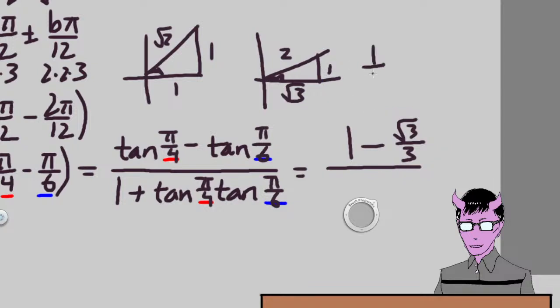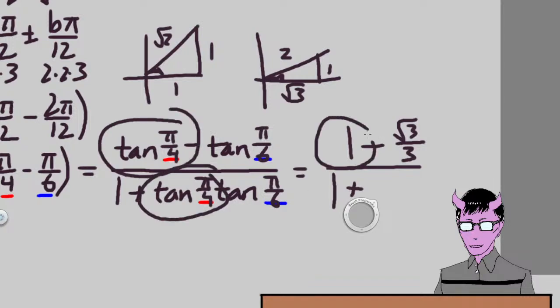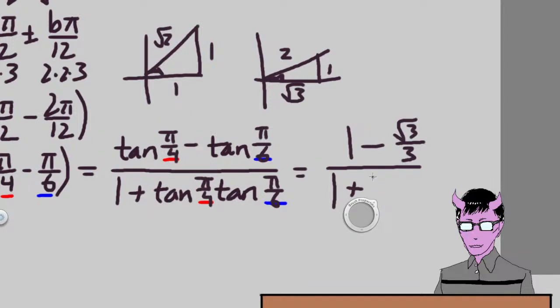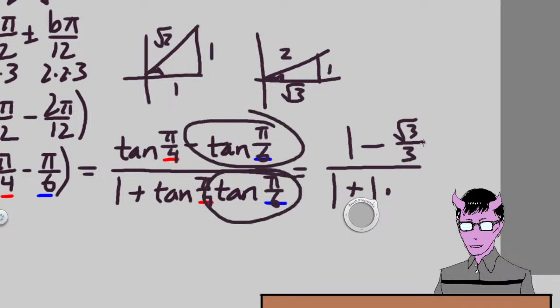Again, just skipping the 1 over root 3 step, skipping straight to this one. And all this is just going to be copy paste. We already know what tangent of pi over 4 is. It's 1 times what? Familiar face. It's that one.